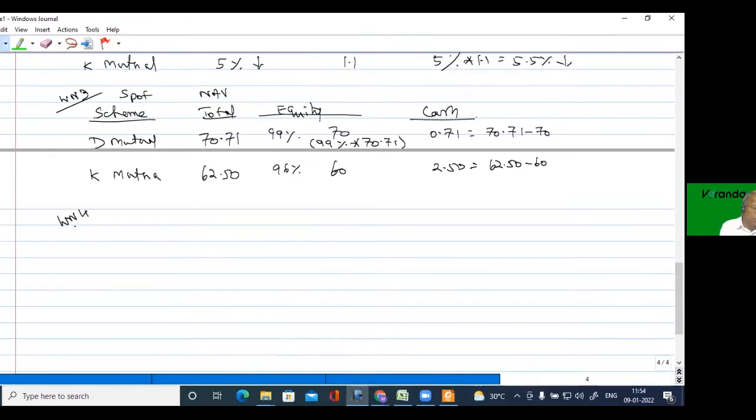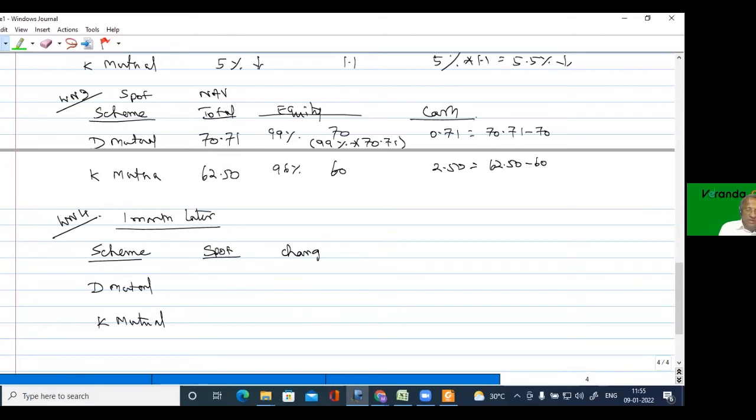Working note number 4. 1 month later, scheme B mutual and K mutual. So your spot figure changes under new value, which is 70 previously.